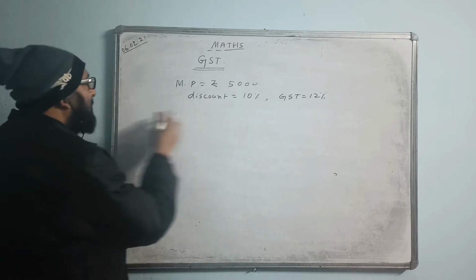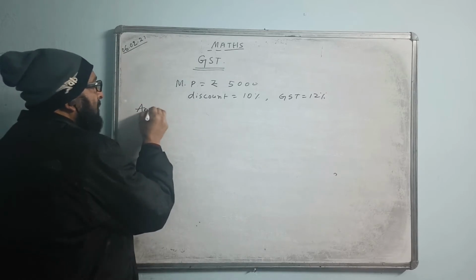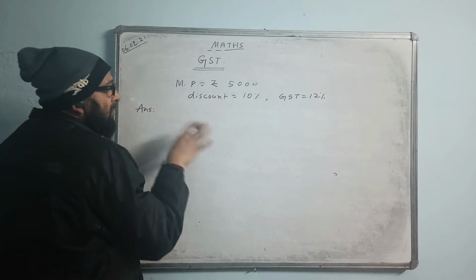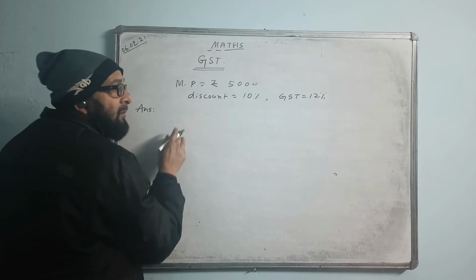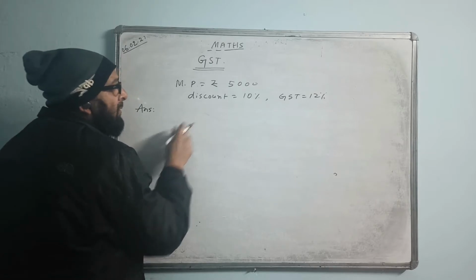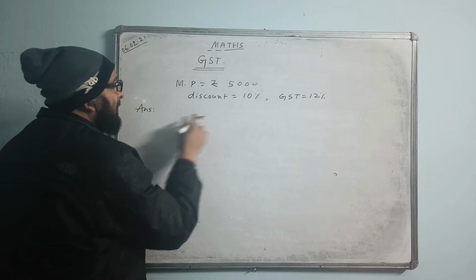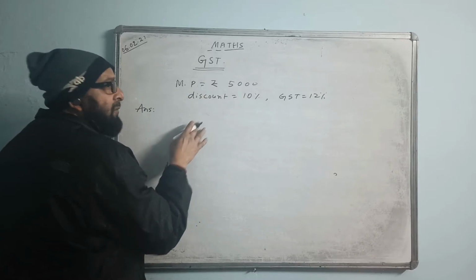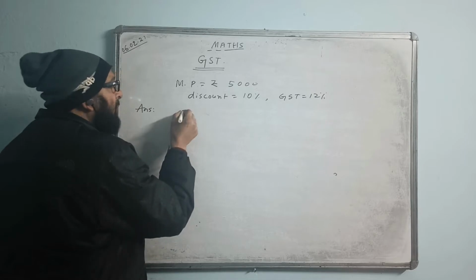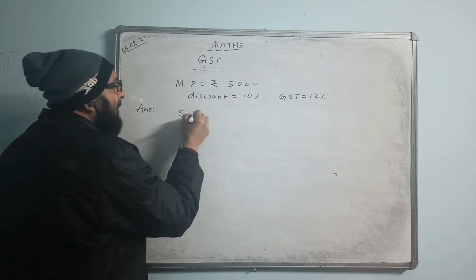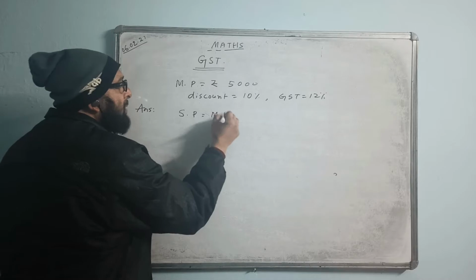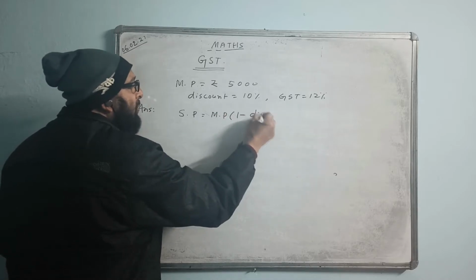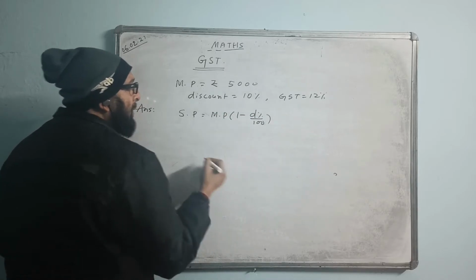Also, what to do with the discount? In lower classes, you must have seen, first you find the discount on this and you subtract. There is a formula; you can do it with the formula or you can do it directly. I write the formula. Formula goes like this: Sale price equals mark price into bracket 1 minus discount percent by 100.